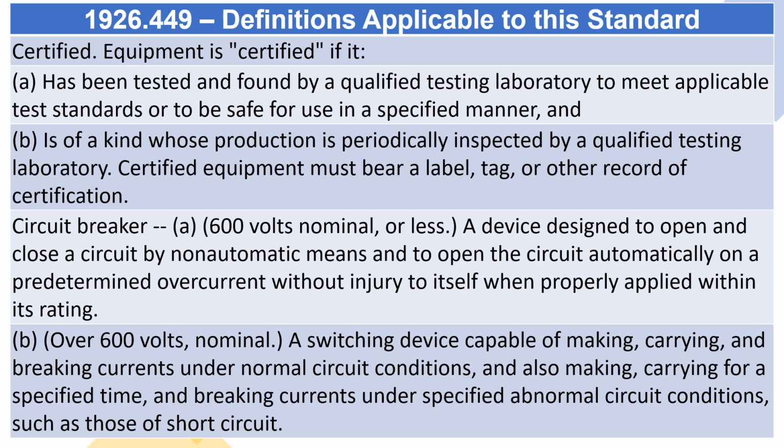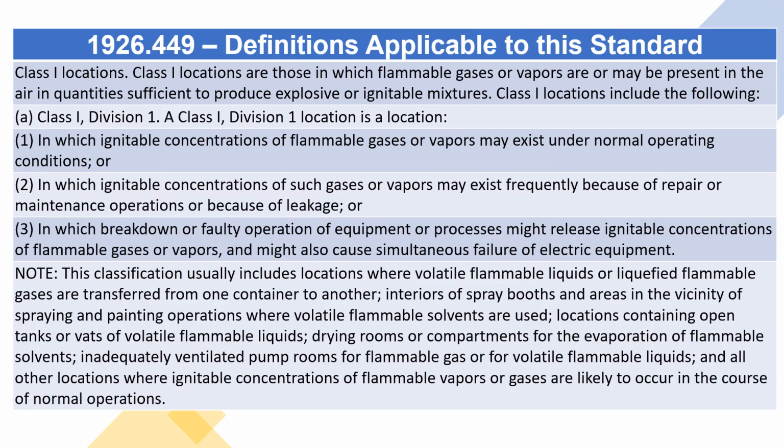A switching device capable of making, carrying, and breaking currents under normal circuit conditions, and also making, carrying for a specified time, and breaking currents under specified abnormal circuit conditions, such as those of short circuit. Class 1 locations. Class 1 locations are those in which flammable gases or vapors are or may be present in the air in quantities sufficient to produce explosive or ignitable mixtures.